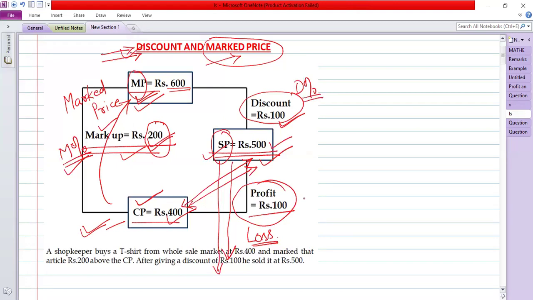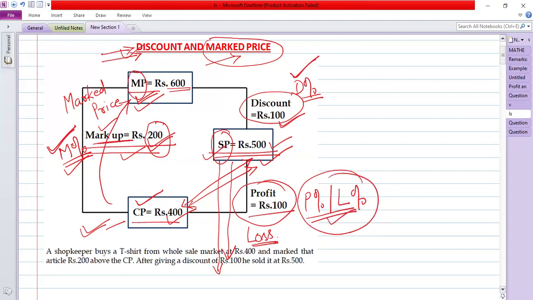And the third one is either profit percentage or loss percentage. So in this scenario, we can talk about three percentages: M percent, which is markup percentage, discount percentage, and profit percent or loss percent.